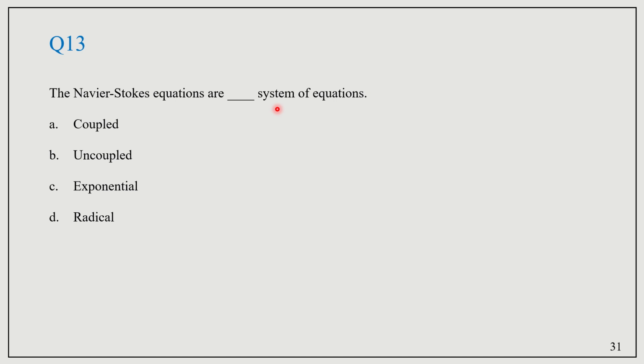We cannot separate and solve them separately. We need to solve the system of equations together simultaneously, so that becomes complex in getting the solutions. All these things you will see when you study. These concepts will become much clearer when solutions to Navier-Stokes equations come in future classes. But just to give you an idea, I have included the question. So the answer is option A, coupled system of equations.